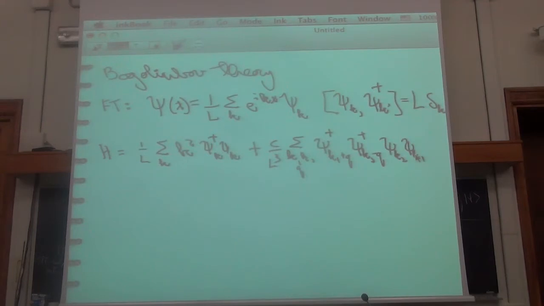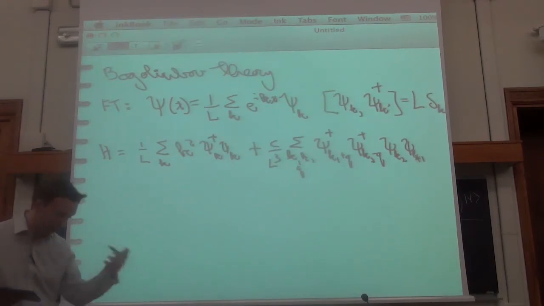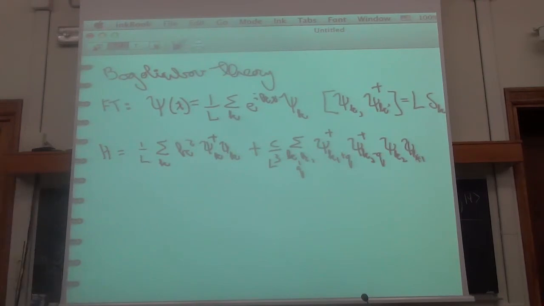Bogoliubov theory is essentially a modification of that, where you treat the effective interactions starting from the knowledge that the zero momentum mode is macroscopically occupied. It's an approximation which should work very well in the limit of small c.